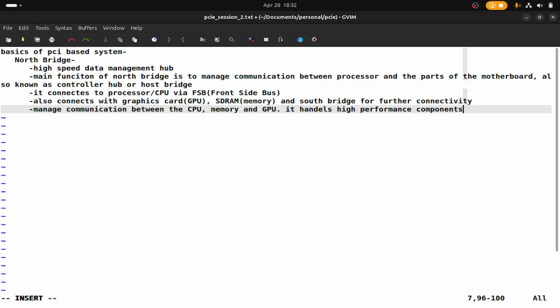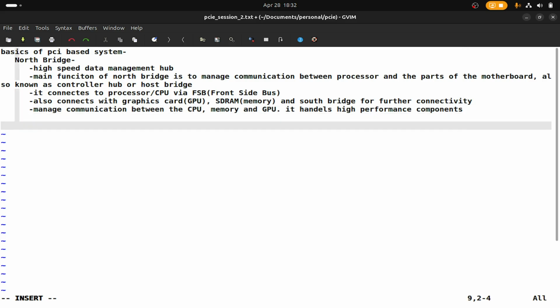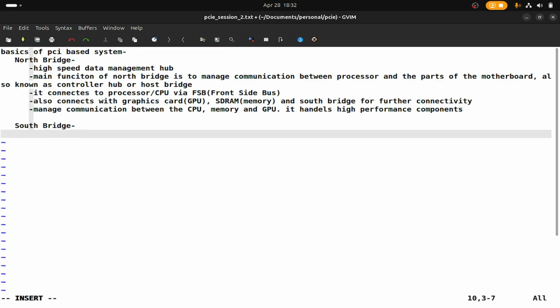Now coming to the next point, that is South Bridge. It manages lower speed peripherals.